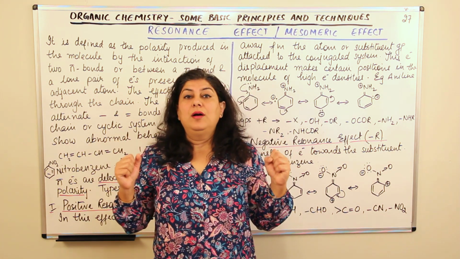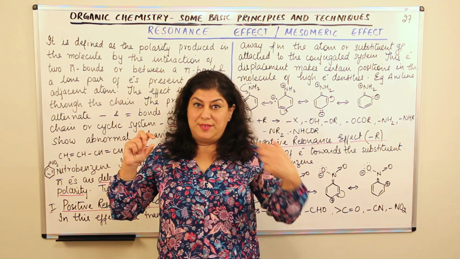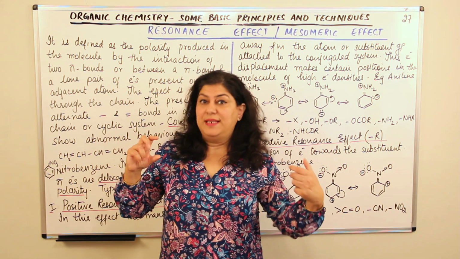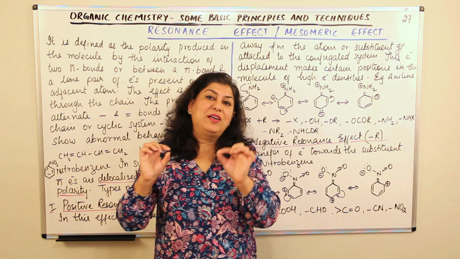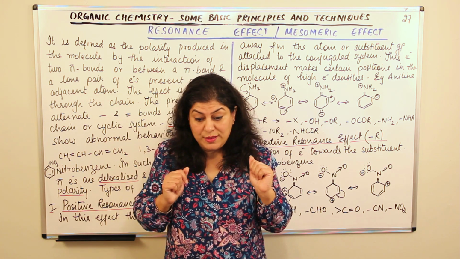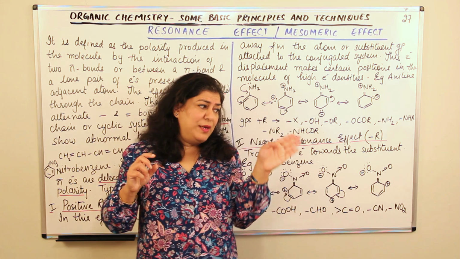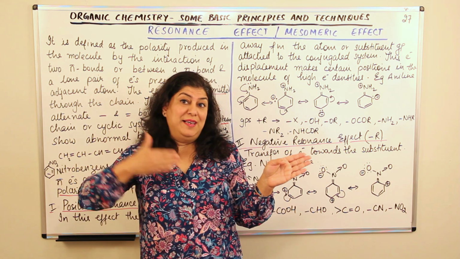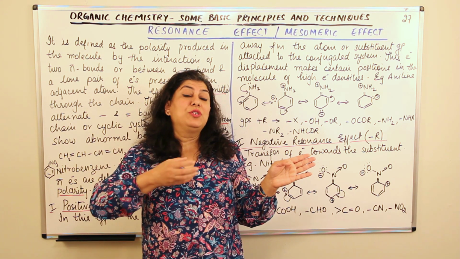In certain organic molecules, where there is a conjugated system, that is when you have single and double bonds alternatingly. Or you have single and instead of double bond you have an atom which has lone pair of electrons. In other words, you have a system in which there is a possibility of one sigma bond and one pi bond alternating, or electrons which it is possible to delocalize.